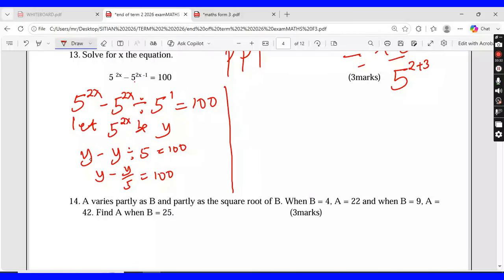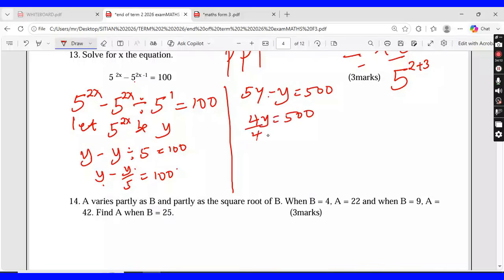Some people would think that you still do y minus y and finish. No, you don't do that. We multiply every term by the denominator 5. We will have 5y minus y is equal to 500. So we will have 4y is equal to 500.